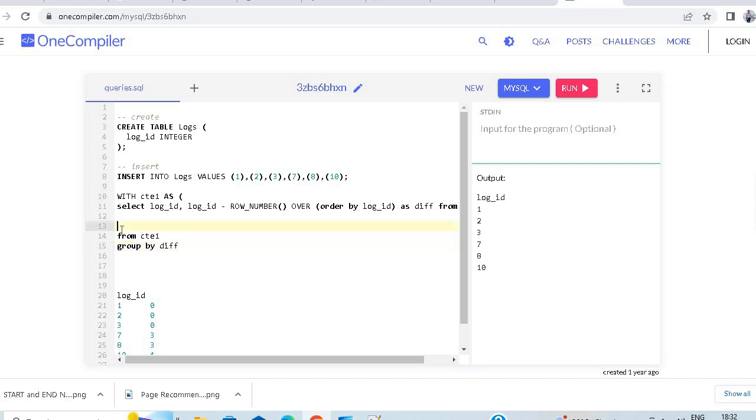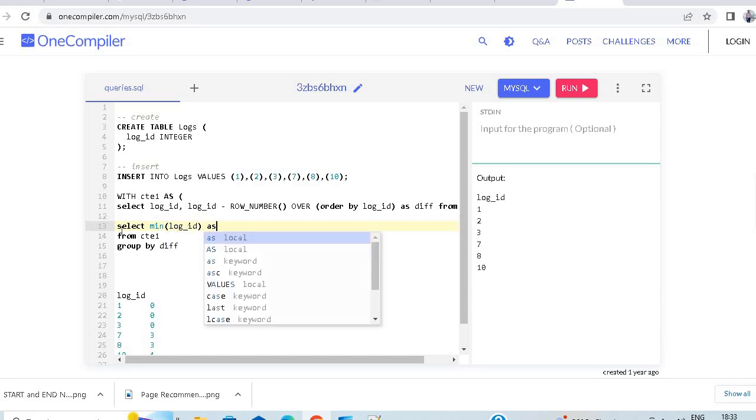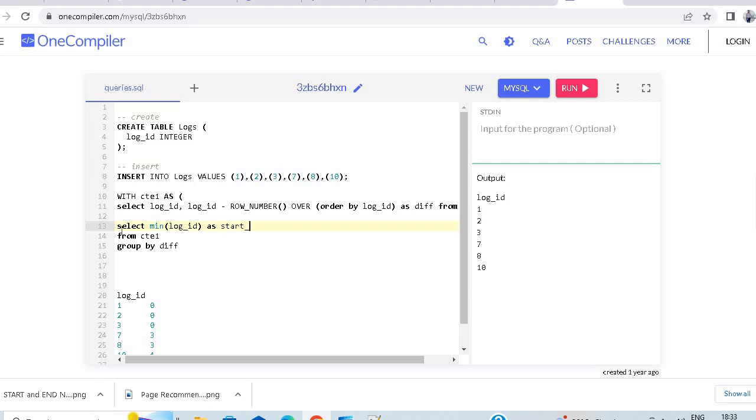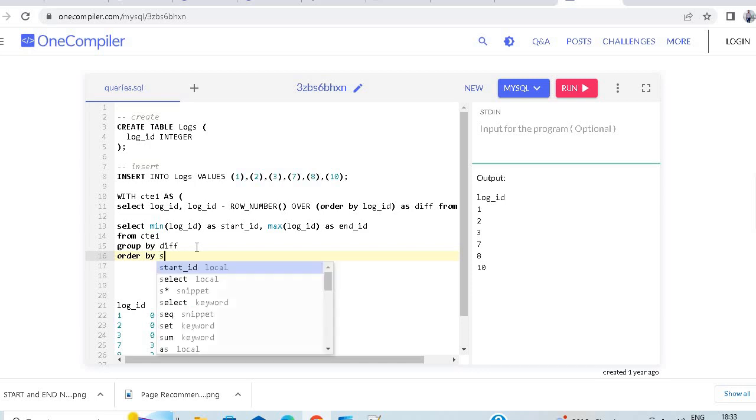And what I want to select is min of log id as start id, and max of log id as end id. Okay, this is what we want. Another thing they are expecting is ordering from ascending to descending. So what I can do is order by start id.